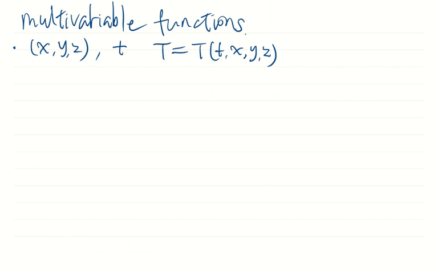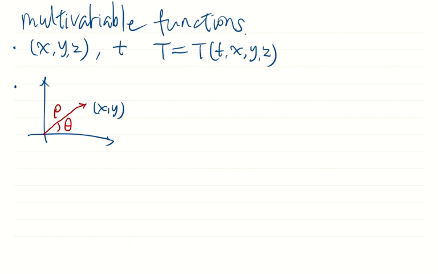Now we consider the next example. In this case, as we know, every point in the plane has a Cartesian coordinate x and y, but we can also use the polar coordinate rho and theta.